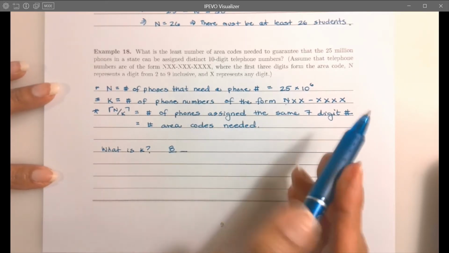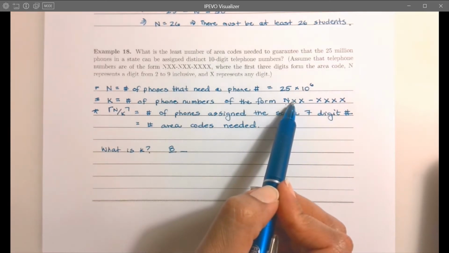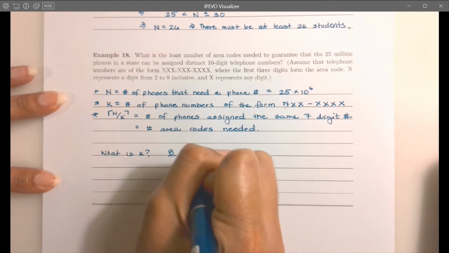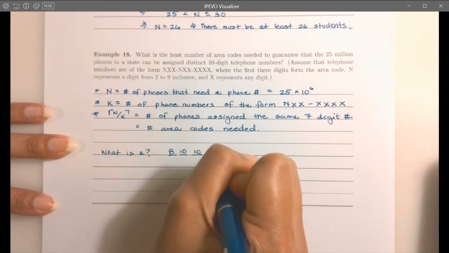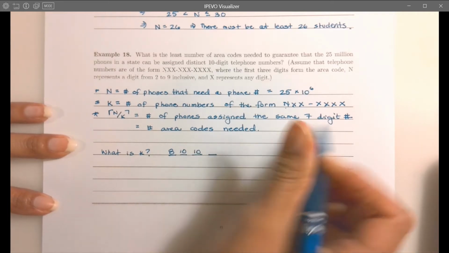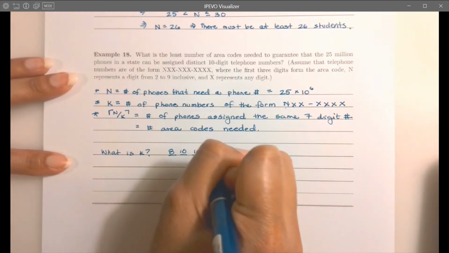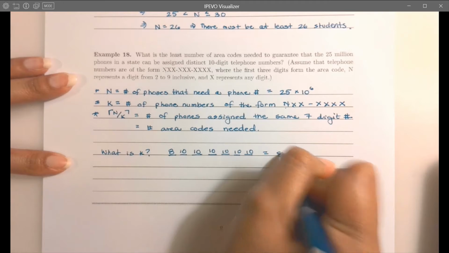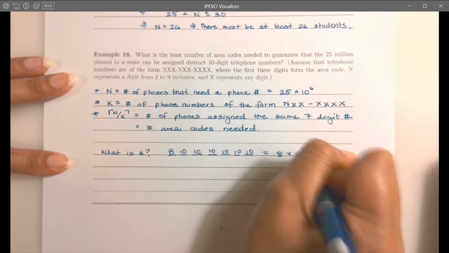Then there are 10 possibilities for every other digit, because it could be a 0, 1, 2, all the way down to 9. And so we have an 8 times a 10 times a 10 times a 10 times a 10 times a 10 times a 10. So that gives us an 8 times 10 to the 6.